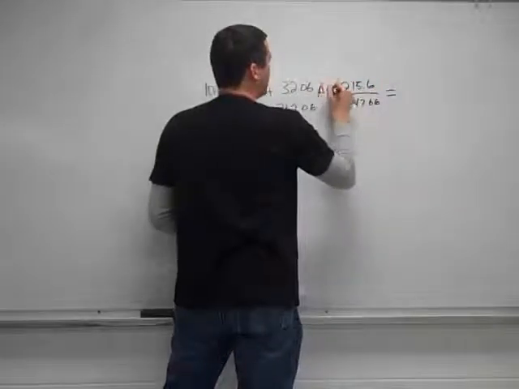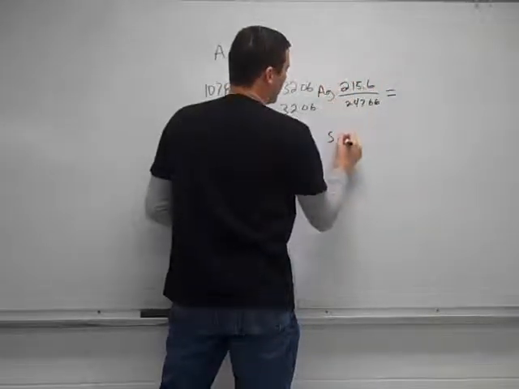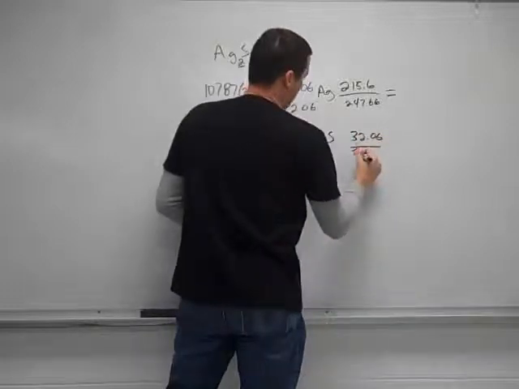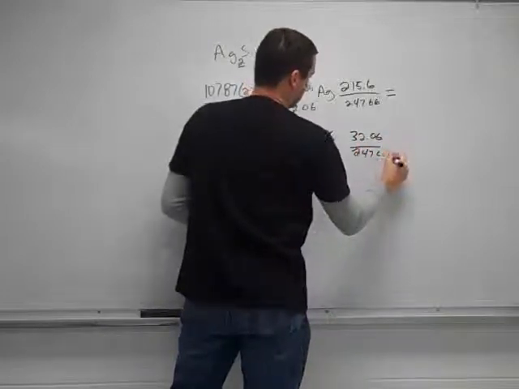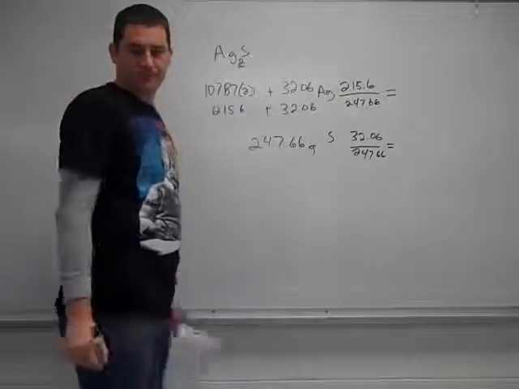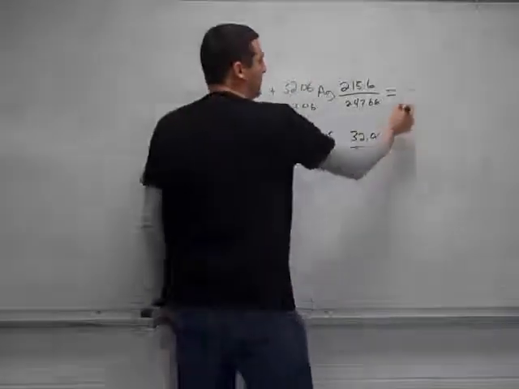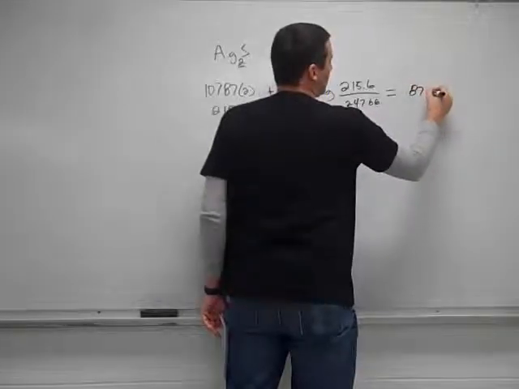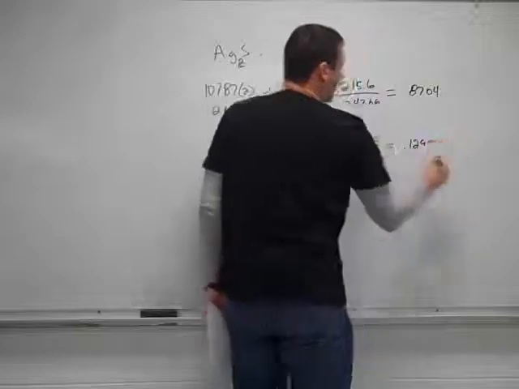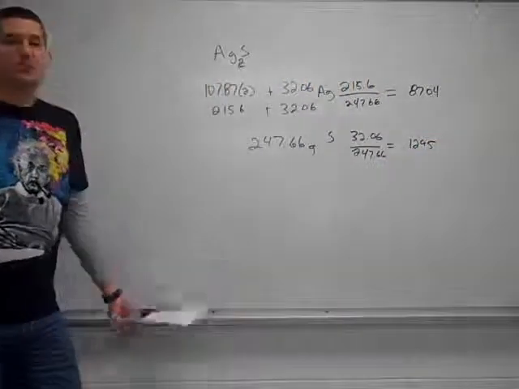So this is our Ag. This is our sulfur. We would do 32.06 divided by 247.66. Once we do those divisions, we're going to get 0.8704 and 0.1295. So now we're going to convert them to a percentage.